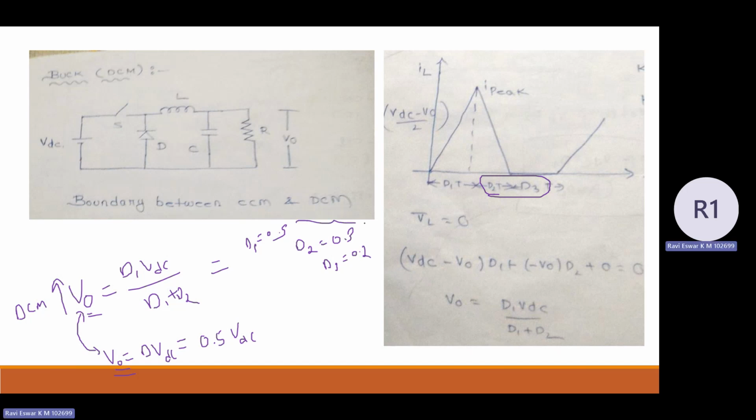So you can see the total summation is 0.5 plus 0.3 plus 0.2, which is equal to 1. Now you substitute these values in this equation. So 0.5 VDC, that is D1 is 0.5, divided by D1 plus D2. D1 is 0.5 plus D2 is what we considered, for example, 0.3.